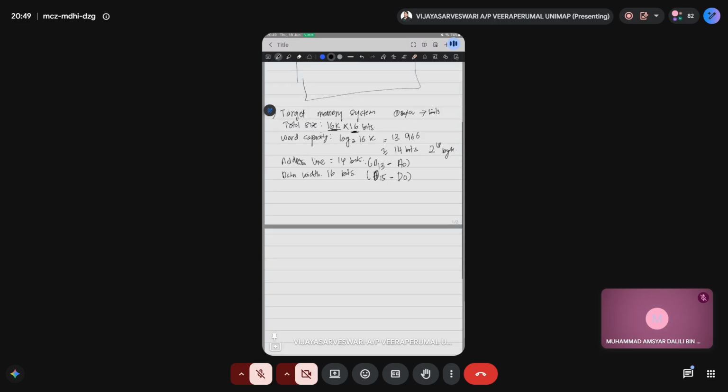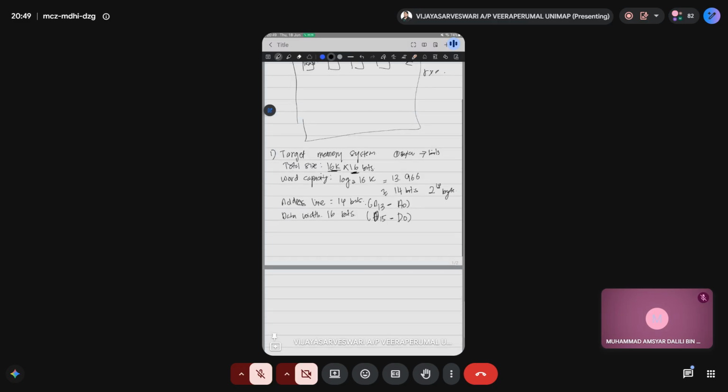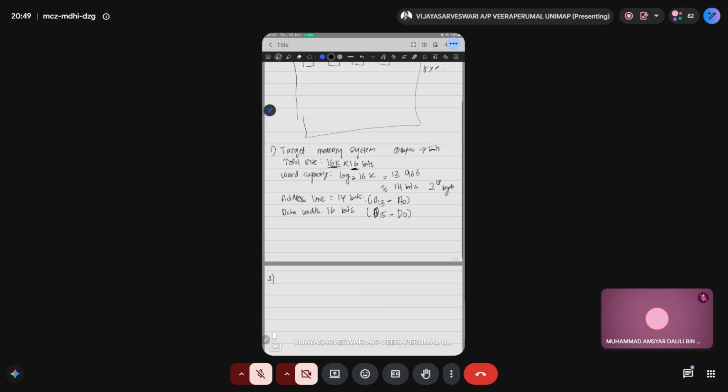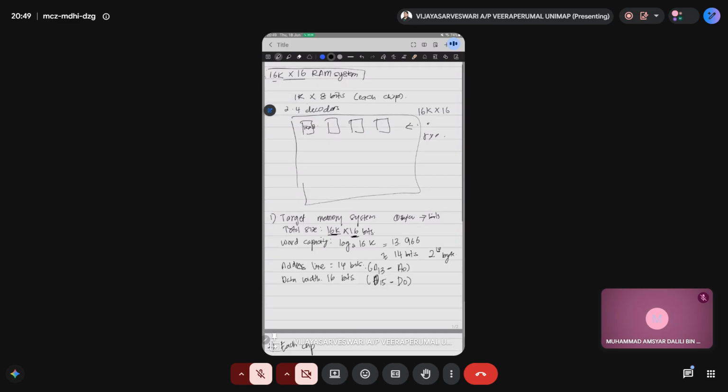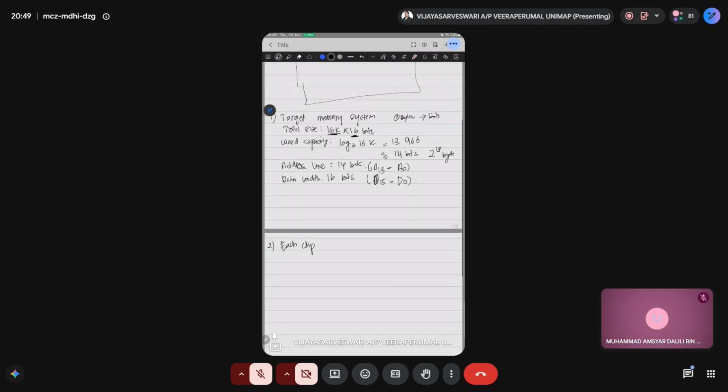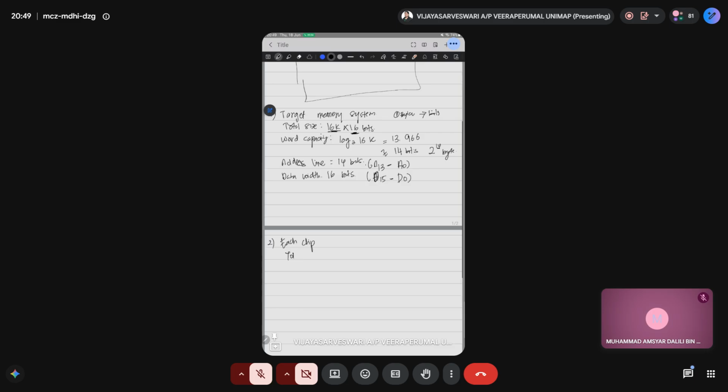After you have done the target memory system, the same thing you have to do for the single small chip, the 1K times 8 bits. So the total size is 1K times 8 bits.